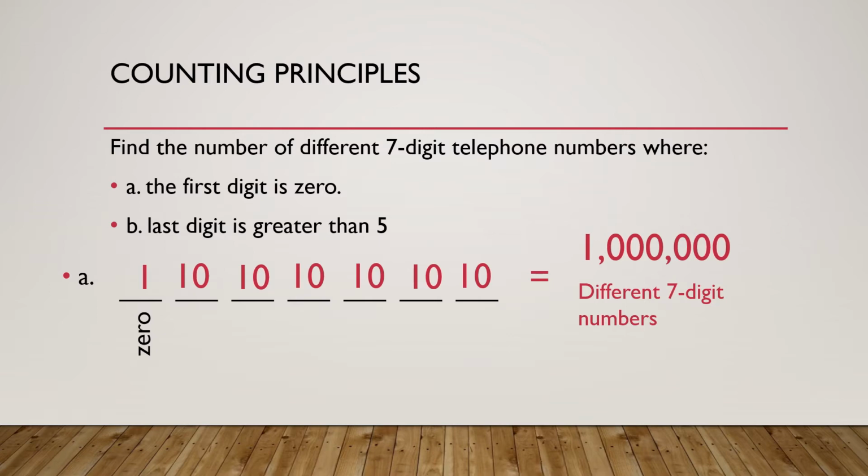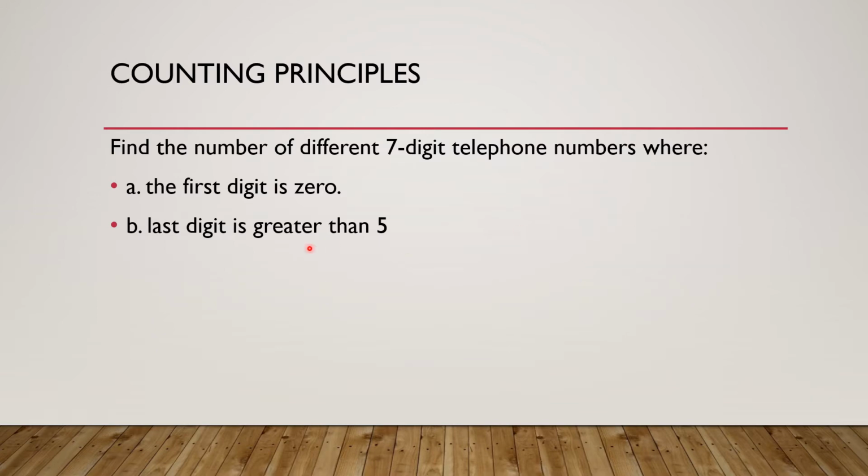What about for B? What if the last digit is greater than 5? Take note, we have 7 digits here. The last digit must be greater than 5. What are the numbers that are greater than 5? That would be 6, 7, 8, 9. So there are 4 numbers that are greater than 5. Take note again, this is a telephone number where digits can be repeated.